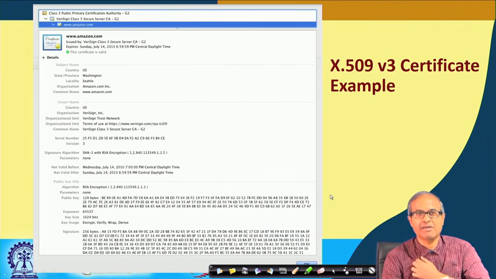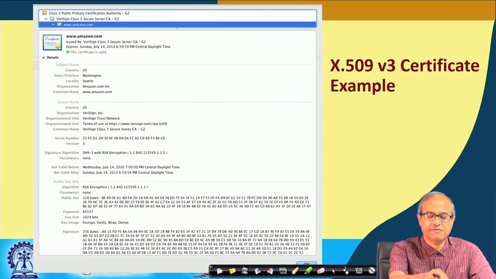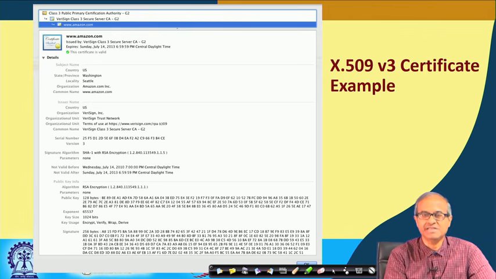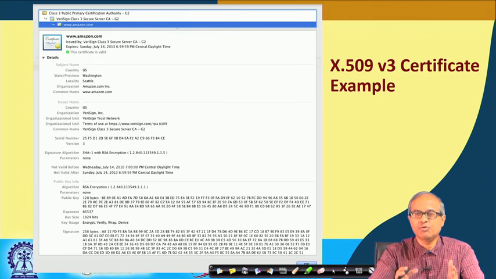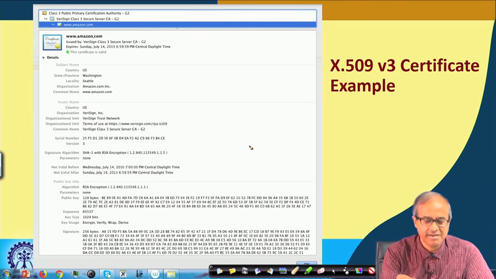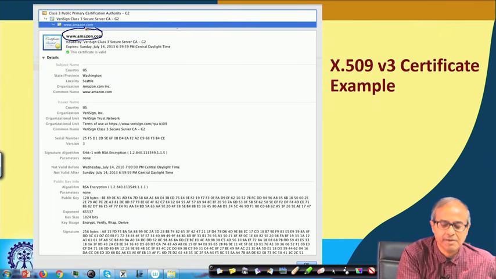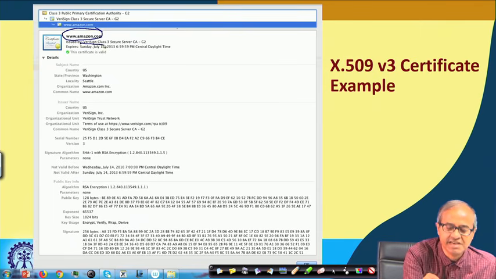Let us take a sample certificate example. Of course, the font size is too small, you possibly will not be able to read it, but you can download such things from the internet and see for yourself. If you search for digital certificate example, you will get many such documents. Now, let me tell you what I can see here. First is that this is a certificate of Amazon.com, issued by VeriSign.